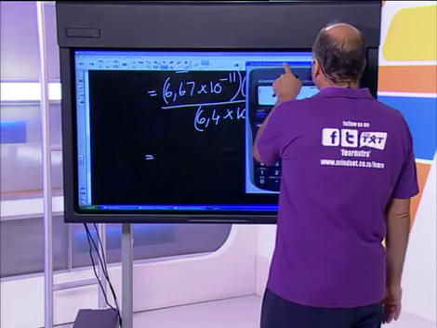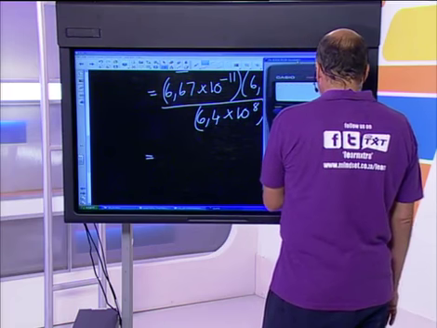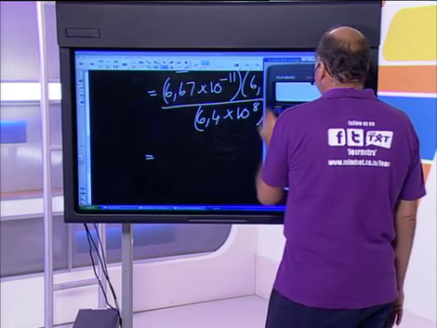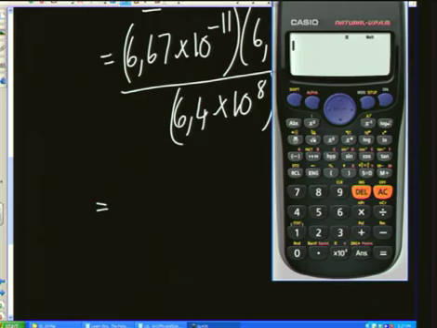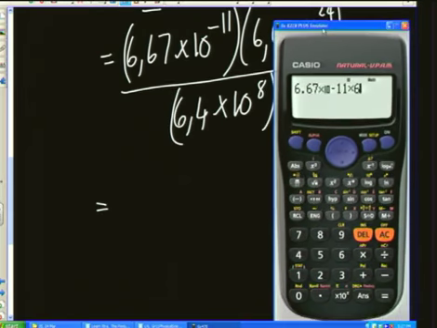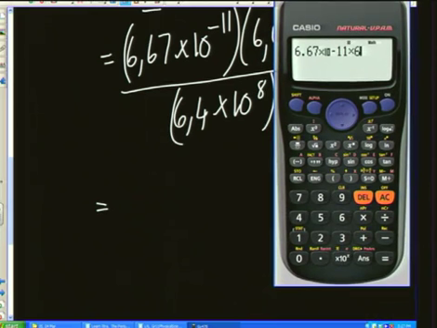So let's go to our calculator here. We're going to say 6,67 exponent negative 11, and we want to times that by 6,0 times 10 to the 24.